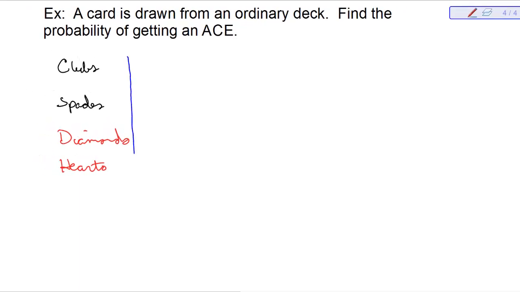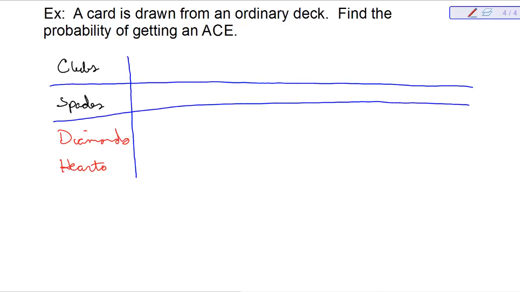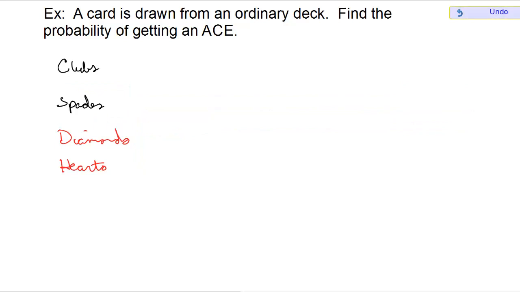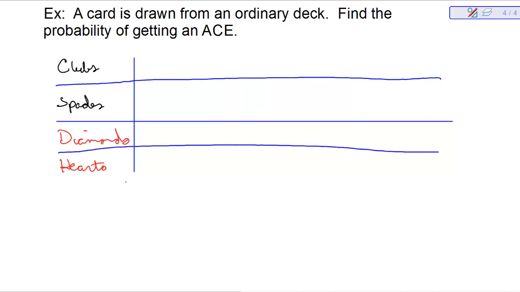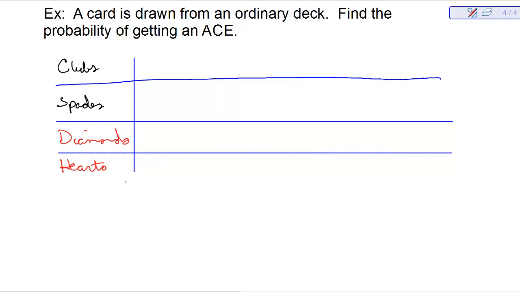Then of those, we have, that didn't go over well. Let me try that again. That's a little bit better. Okay.